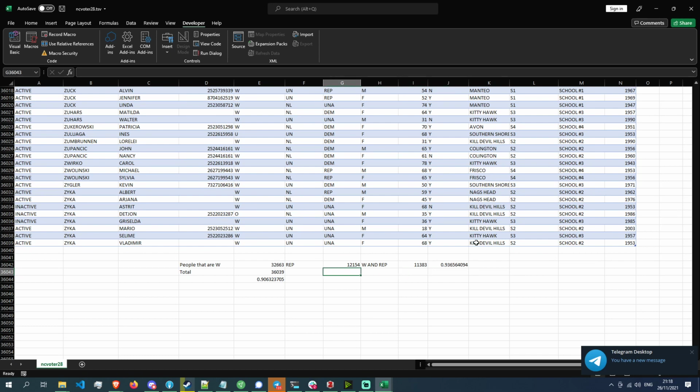But this isn't actually the statistic that you'll want. It's the people that are undecided. So how many people are UNA? Or let's just do it for every single one of them. Let's go UNA and then DEM. Okay, let's do this. And instead of doing Republican, we'll do Libertarian.